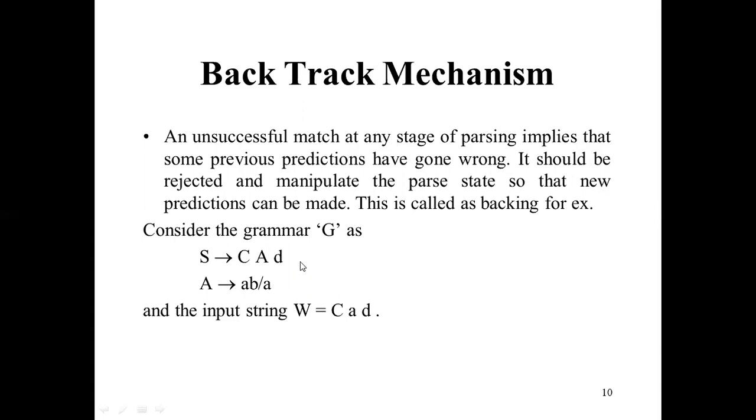This is the given grammar, and we cannot change this grammar. We just start choosing from this string to see whether there is a match. Suppose here the input string is CAD, so the scanning will start from here. This is the given grammar.